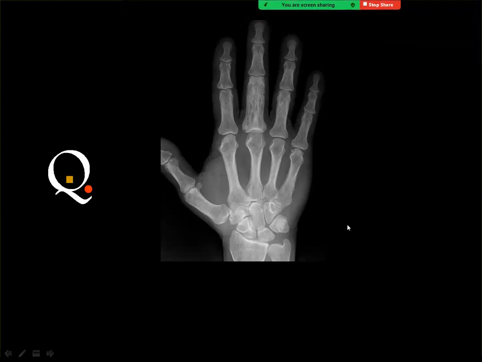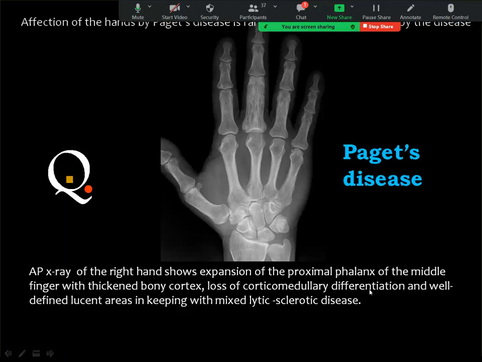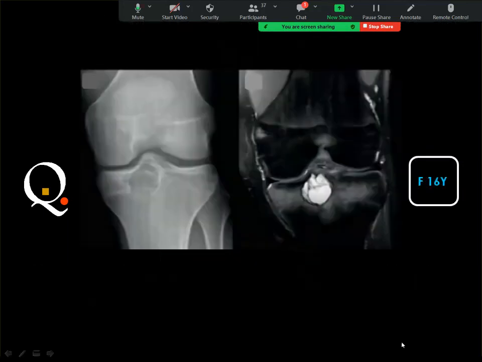Paget disease is the only disease which increases the size of the affected bone. Then if you look carefully at the phalanx and compare it to the adjacent phalanges, you can easily appreciate that this phalanx is big and it has a coarse trabeculated pattern, which is diagnostic of Paget's disease.